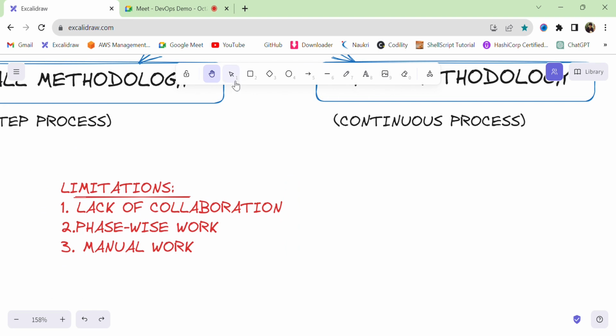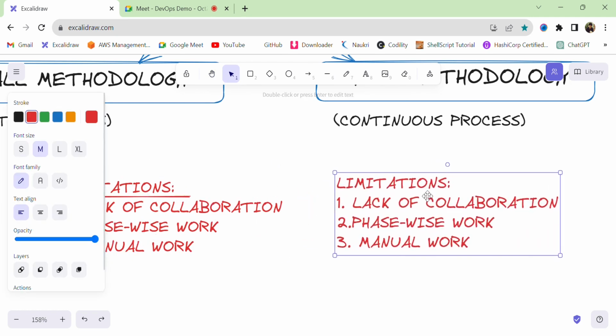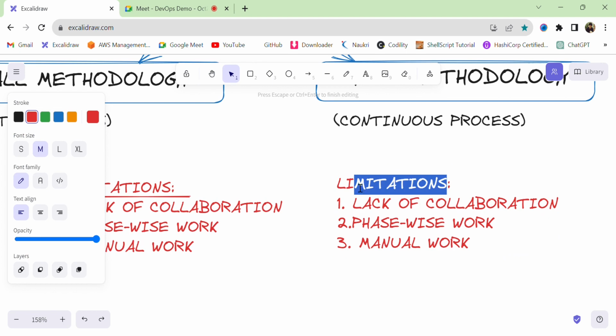So for that, rather than dividing the team into different groups wherein they are working differently, they planned on doing collaboration. So first thing that they did is they started with collaboration. So let me just write the advantages.